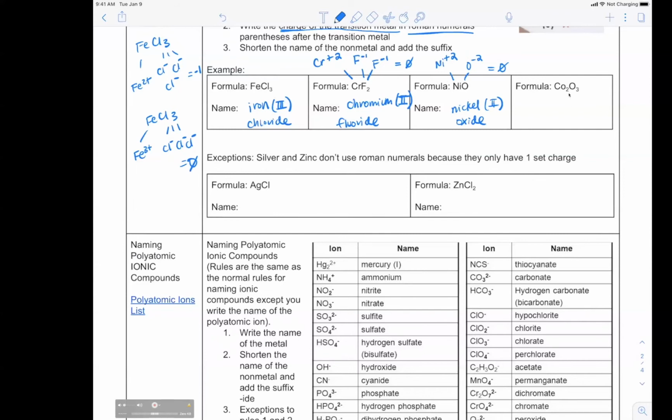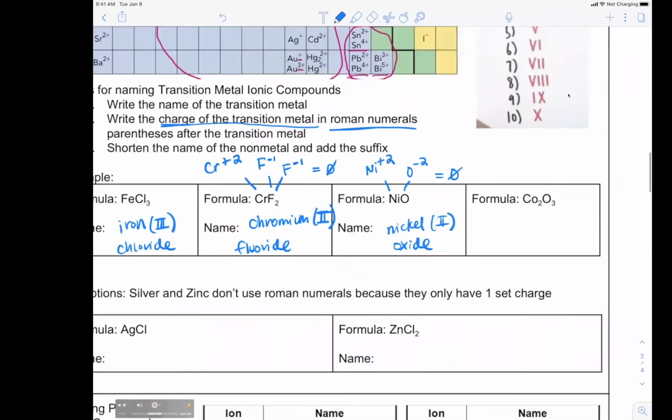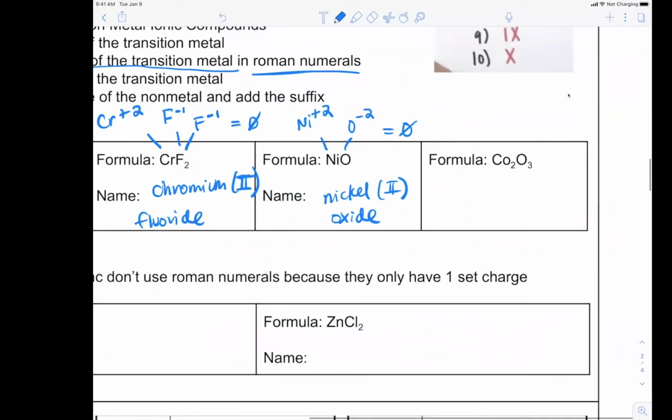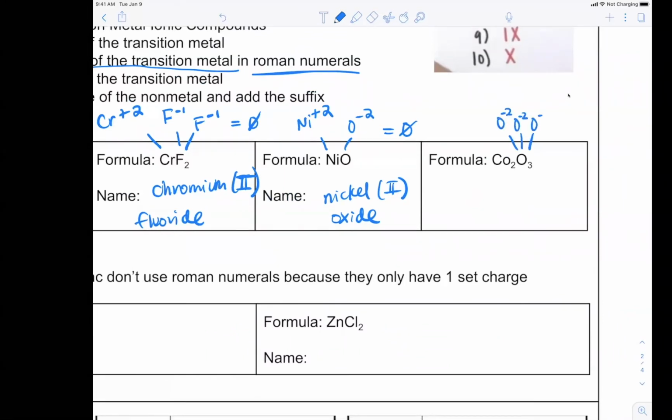Okay, and then for this one here, we have cobalt. Each oxygen is -2, and I have 3 of them, and you need to balance out to 0. Here it tells you how many cobalts you have. You have 2 of them.